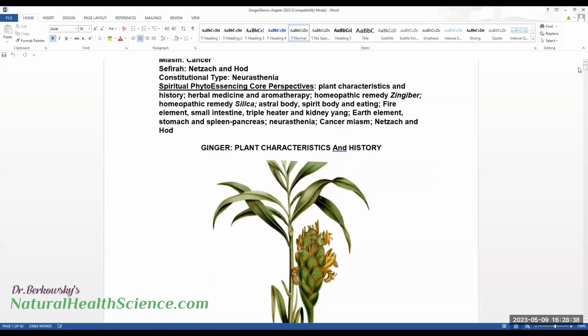So let's take a look at ginger. Basically, we started this when we were going over it as an herbal medicine. And once again, I want to review how you use a chapter.